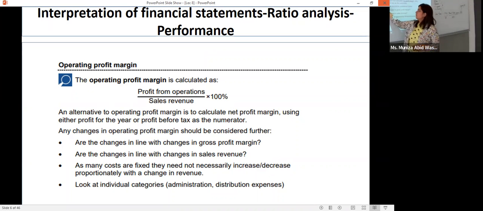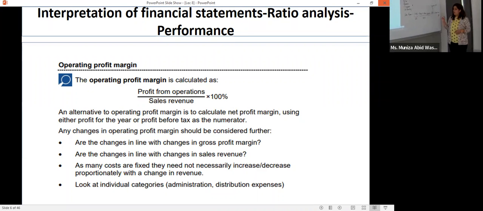Or you can use profit before tax as well. So the formula will be profit before tax divided by sales revenue multiplied by 100. In that case, from the operating profit, you just have to deduct finance costs. When you deduct finance cost from operating profit, you get profit before tax. And from profit before tax, when you deduct tax, you get profit after tax, which is net profit for the year.